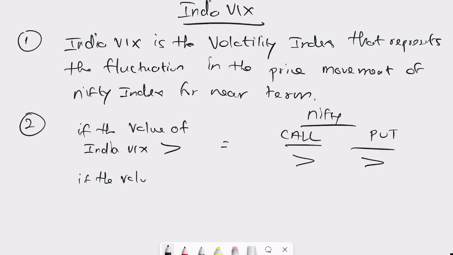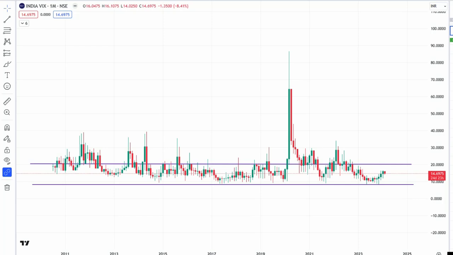And if the value of India VIX decreases, then both the call and put option premiums will also decrease.